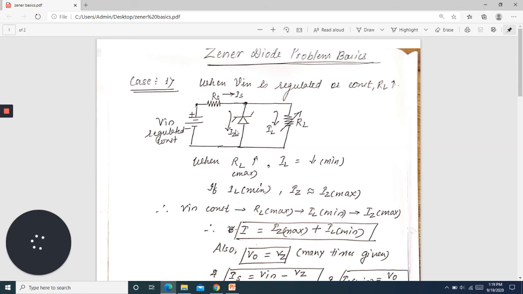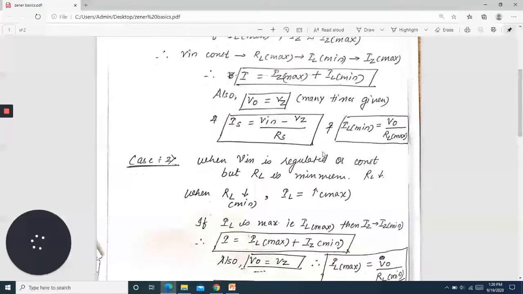But a note point is that this lower current always has to be greater than the minimum specified Zener current value, otherwise the current will not flow through the Zener path. So even though the current is minimum, its value will always be greater than the specified minimum value of the Zener.